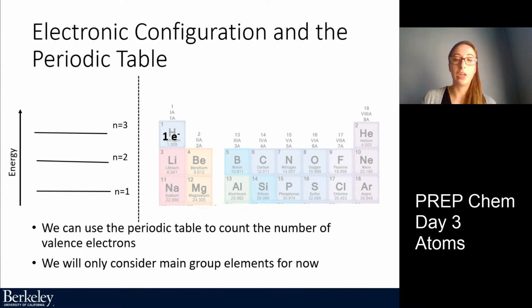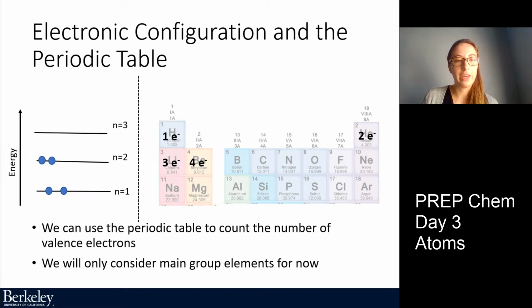If we go across the periodic table, we can also count the number of electrons in that element because we know how many protons there are. For hydrogen, we know there's 1 electron, so it has 1 electron in the n equals 1 level. Helium has 2 electrons because it has 2 protons, so that's how it gets its second electron in the n equals 1 level.